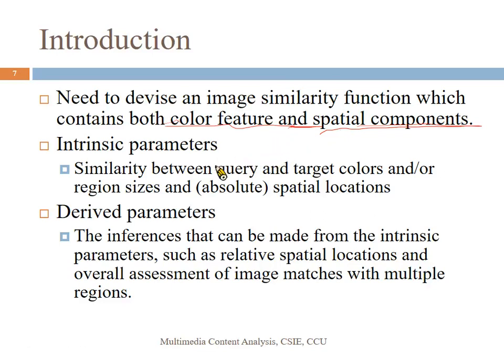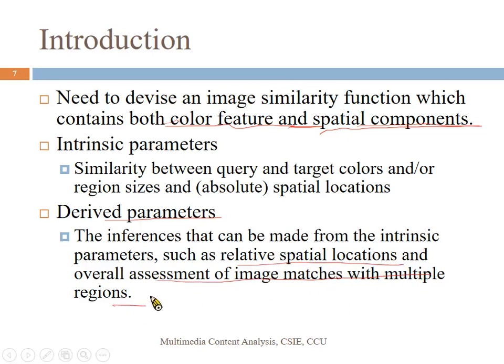Okay, so we will discover some intrinsic parameters, like the similarity between query and target color, region size, or spatial location. And we also have some derived parameters, which are inferences that can be made from the intrinsic parameters, such as the relative spatial location and the overall assessment of image match with multiple regions.